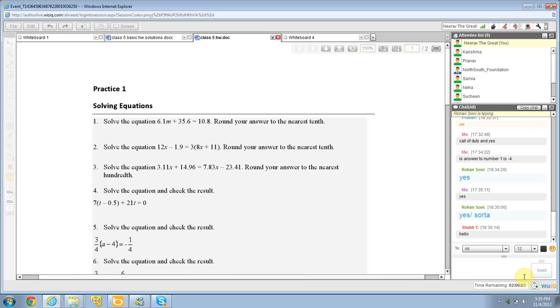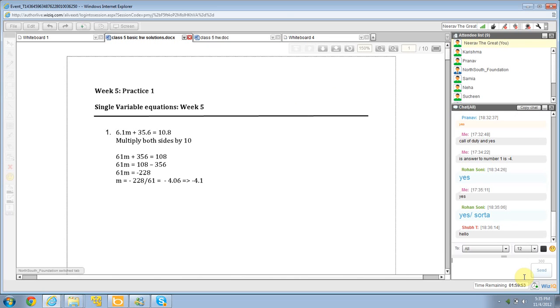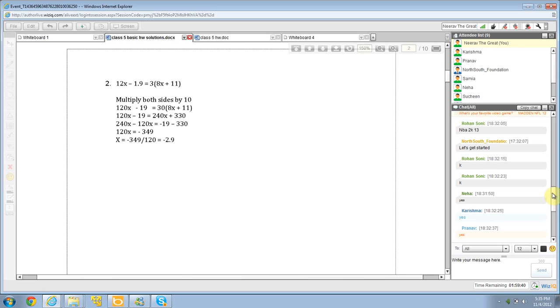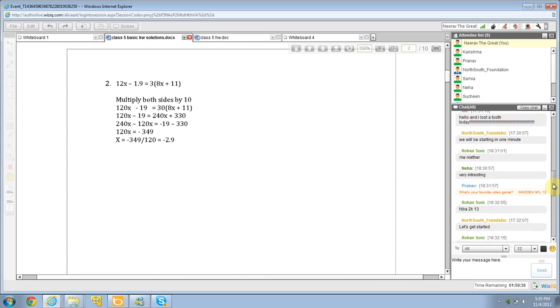Okay, so solve the equation 12x minus 1.9 equals 3 times the quantity 8x plus 11. Round your answer to the nearest tenth. First things first, whenever you see decimals, multiply by 10 for however many decimal places there are. In this case there's 1, so we multiply by 10. Then you get 120x minus 19 equals 30 times 8x plus 11.